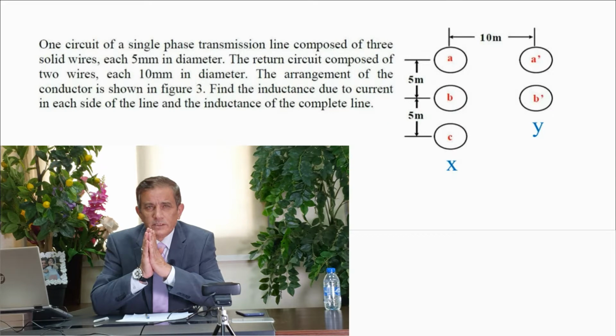The requirement is to find the inductance due to current in each side of the line and the inductance of the complete line. Now this is single phase. For single phase, because we have 2 conductors, I'm repeating, it's 4 times 10 to the minus 7. Why did we get 4, different from 3 phase? Because there are 2 conductors and they were identical. When they were identical, I summed them together to get 4 times 10 to the minus 7.